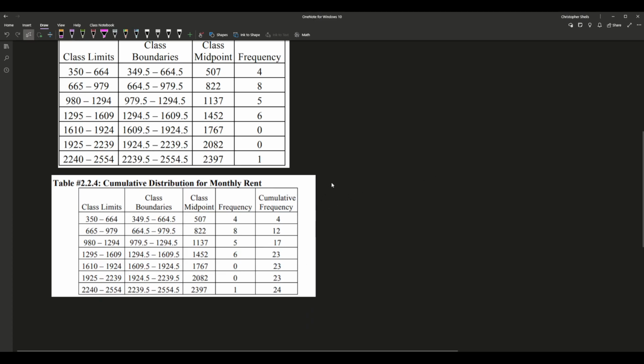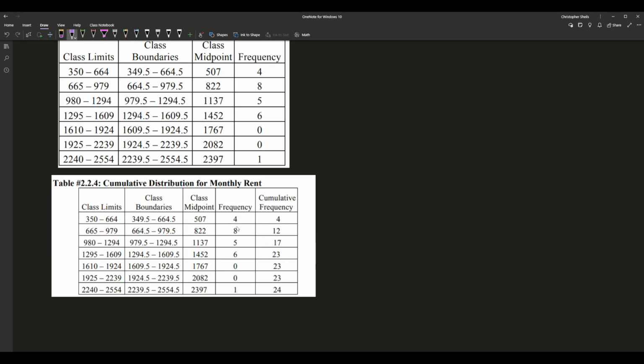So again, notice that this is just telling us how many data points fall below each of these class boundaries. Within this first class, we just have 4 data points, so our cumulative frequency here is 4.